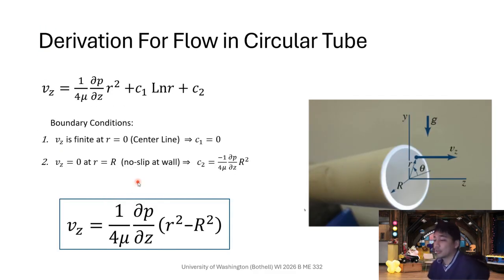So the no slip at the wall condition, velocity is equal to 0 there at the edges of the wall. So if you plug big R for little r, vz is equal to 0 and c1 is equal to 0, solve for c2. This is your c2. And then now you can plug that back in. This is 0. This is now your velocity in the z direction.